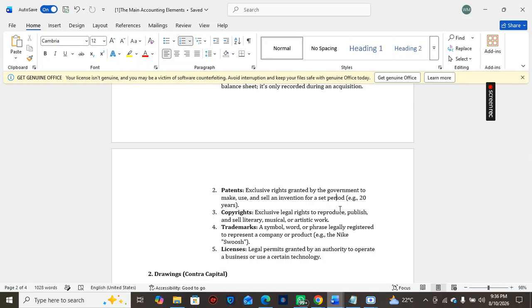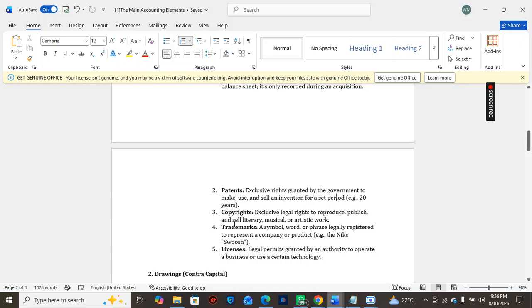Copyrights: exclusive rights to reproduce, publish, and sell literary, music, or artistic work. This is mostly for the music industry and movie industry, where no one can reproduce your work and claim it as yours. You are in control of the work that you produce and how it is used.